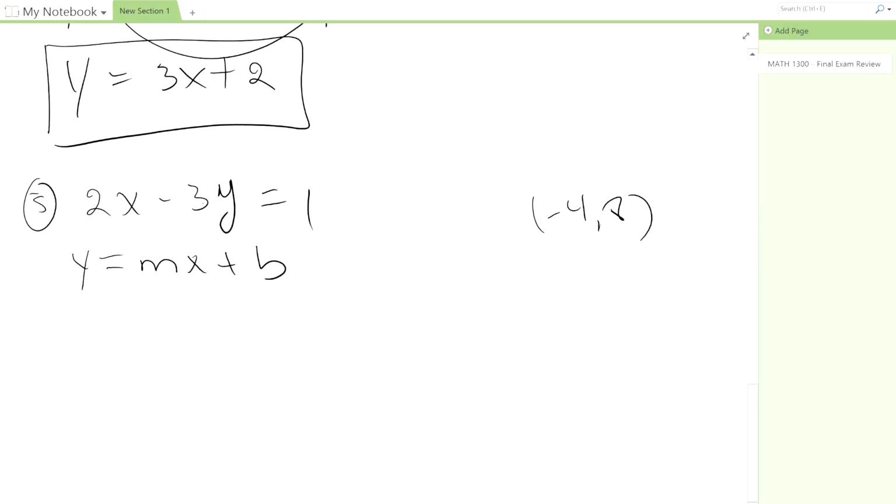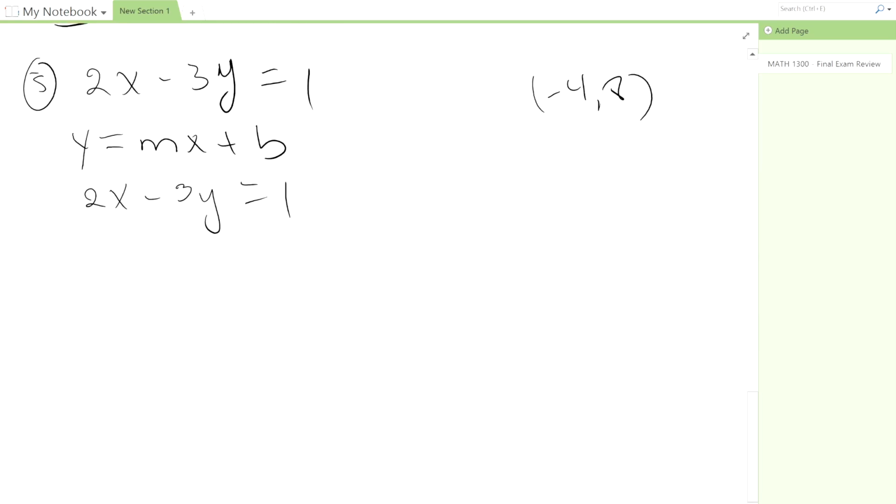Let me rewrite this equation down here. I'm going to move the 2x to the other side, becomes negative. I get negative 3y equals 1 minus 2x. Now I want to divide both sides of this equation by negative 3.